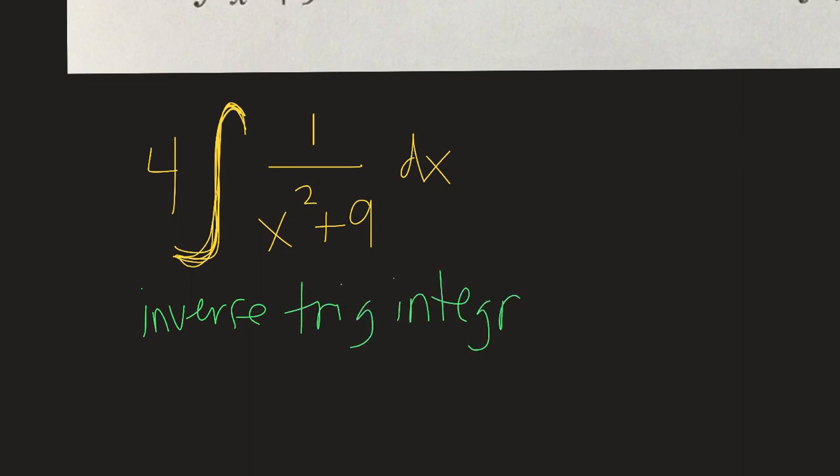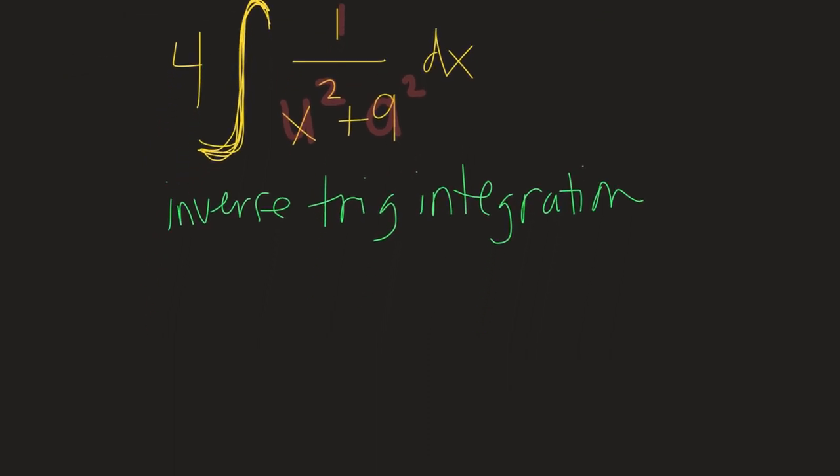You need to recognize this is your u squared, and this is your a squared under 1. Whenever we have a 1 on top, 96% of the time, you're going to be doing an inverse trig integration.